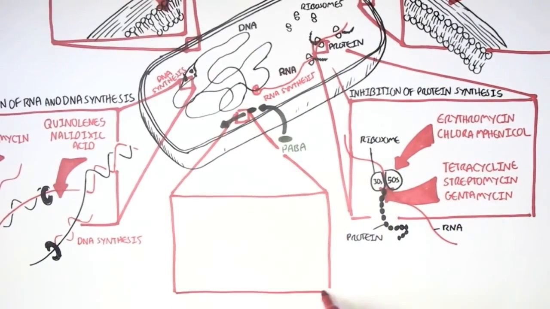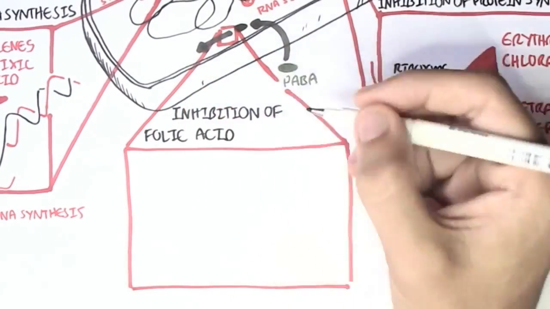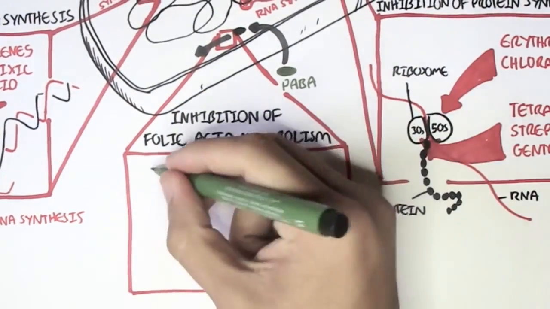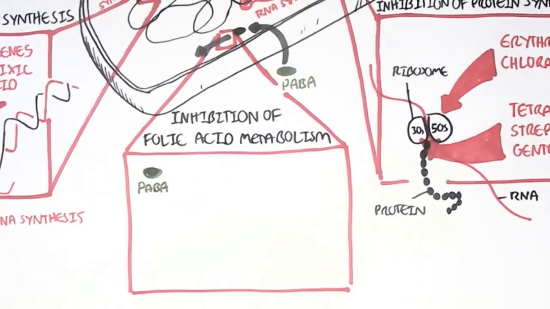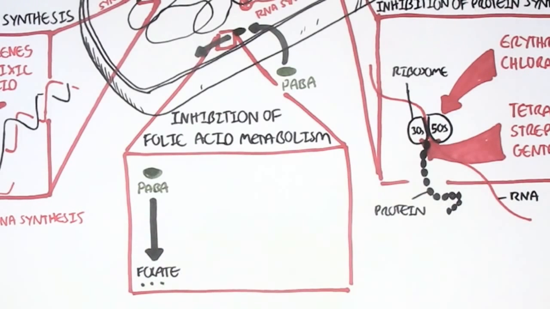There are antibiotics out there that inhibit folate or folic acid metabolism. PABA normally can be metabolized to folic acid within the bacteria, and folic acid or folate is essential for the synthesis of adenine and thymine, two of the 4 nucleic acids that make up DNA.